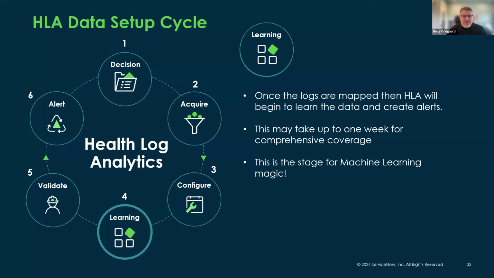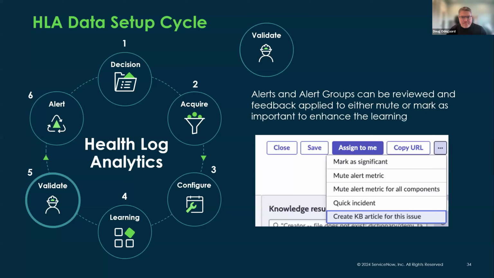Once you begin getting your logs in the system, let it cook overnight, and you'll begin to see alerts coming out of the system. Once those alerts begin to come in, it's important to validate, and that's step 5 that I like to think of. The validation process gives the operators, the L1, maybe the L2, responsibility for validating. When you initially start the system, you may have a little more alert traffic than you expect.